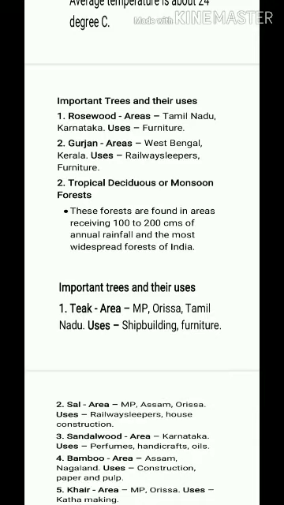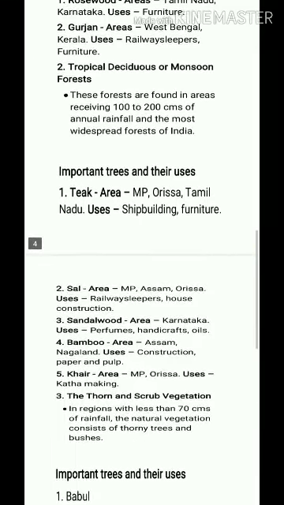Teak areas: Madhya Pradesh, Odisha, Tamil Nadu, used for shipbuilding and furniture. Sal areas: Madhya Pradesh, Assam, Odisha, used for railway sleepers and house construction. Sandalwood area: Karnataka, used for perfumes, handicrafts, oils. Bamboo area: Assam, Nagaland, used for construction, paper and pulp. Kher is also the name of a tree, area: Madhya Pradesh, Odisha, used for making katha.